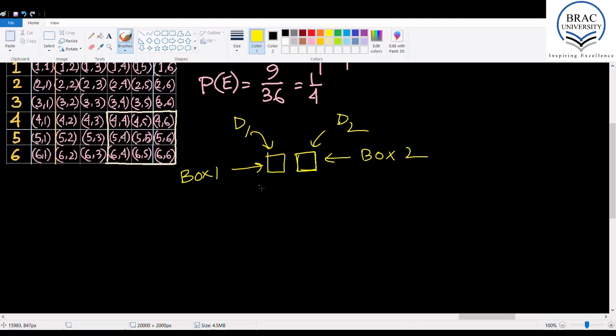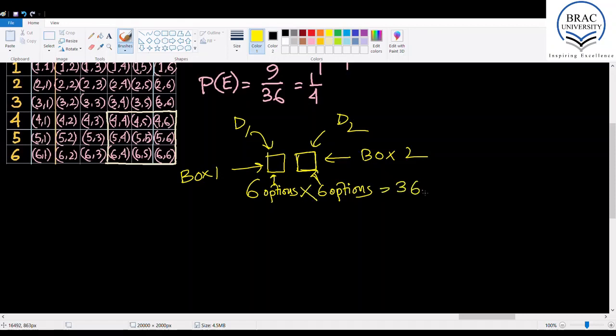You know that there are 6 options to fill up box 1. Similarly, 6 options for this too. So now the total number of ways you can fill up both these boxes is 6 times 6.